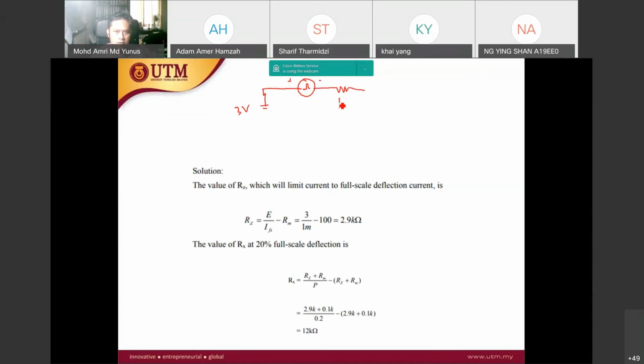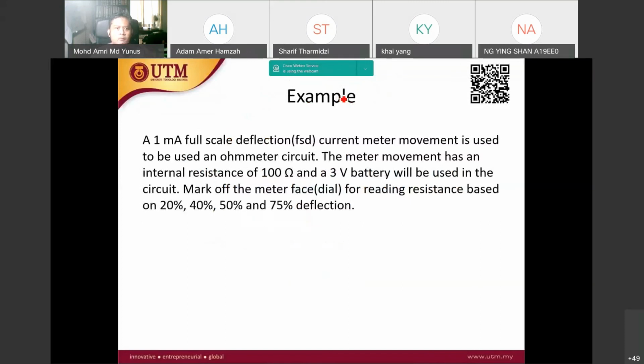This is the Rg, the internal resistance, so you can see Rm.